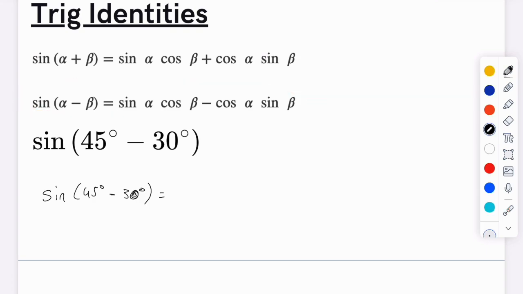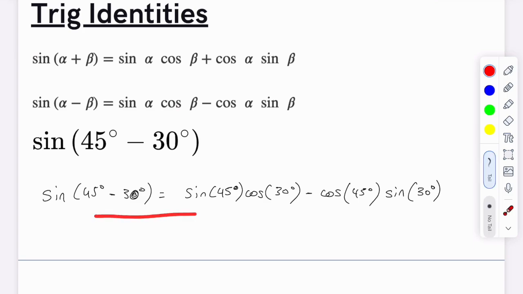If we expand it, what do we get? It's sine 45 degrees times cos of 30 degrees, minus cos of 45 degrees times sine of 30 degrees.